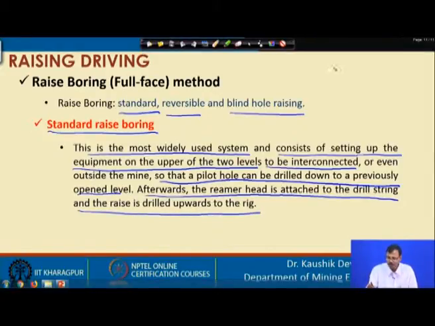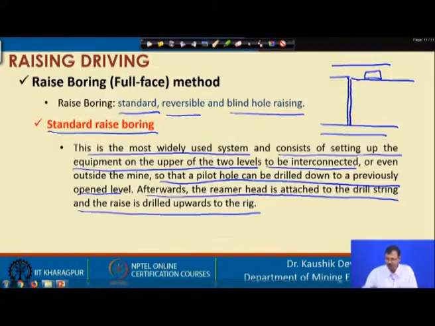So, what is the feature? Equipment is placed in the upper level. So, this is the equipment, this is the lower level. From upper level to lower level, a pilot hole has to be initially connected.